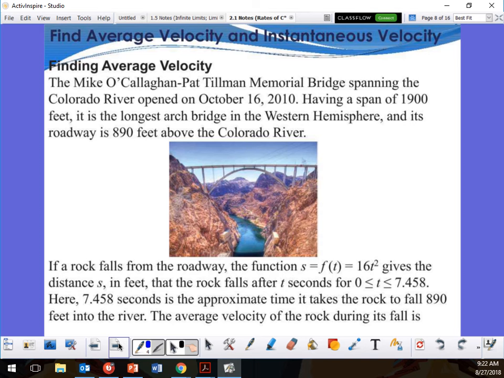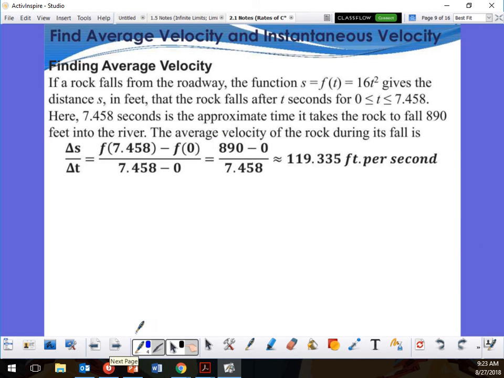The average velocity of the rock during this fall is... average is just the rate of change, delta s over delta t. So I plug them in.